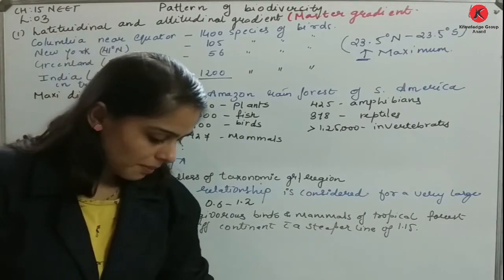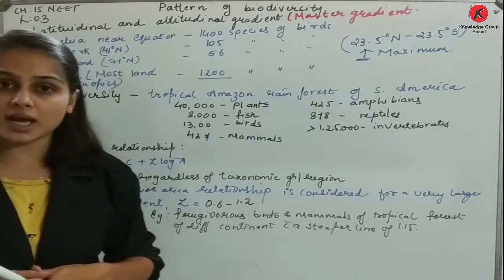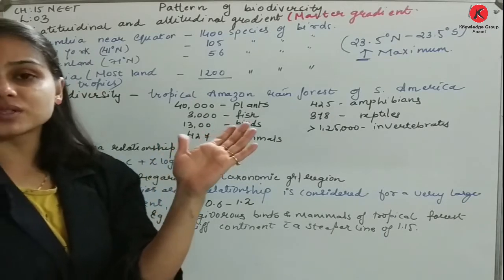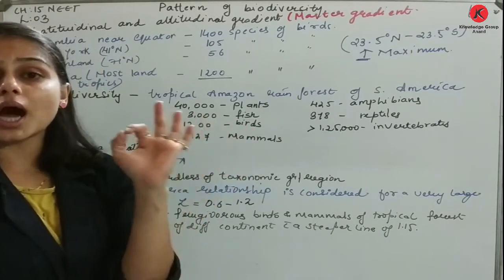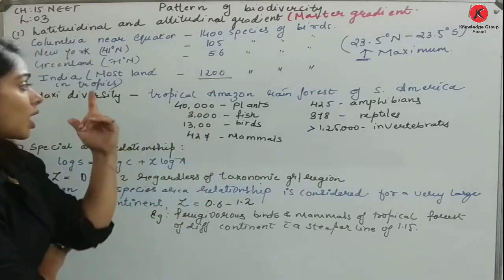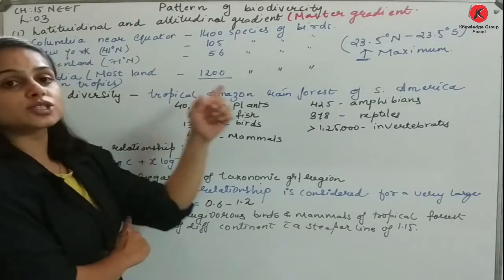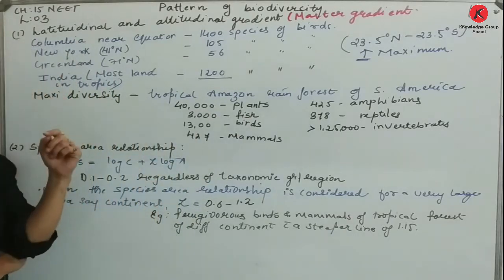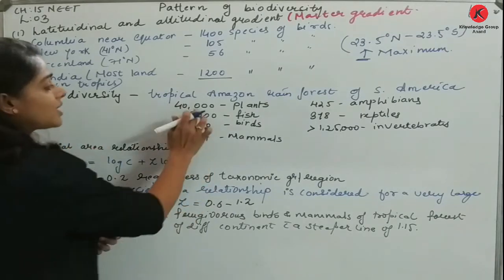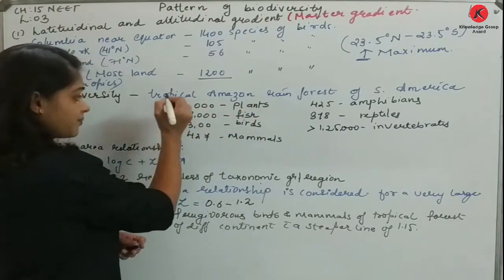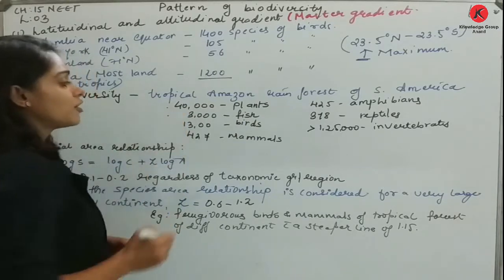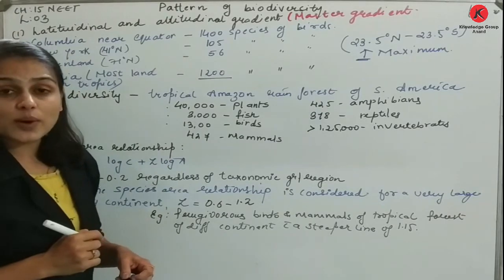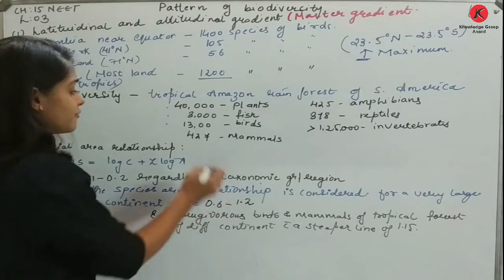Am I clear? My dear students, I hope you understood this well. Again, this point is very important. Maximum diversity is found in our Amazon rainforest. You must have heard the name, right? It is found in the tropical Amazon rainforest of South America. Maximum biodiversity, which has 40,000 species of plants, 3,000 species of fish, 1,300 species of birds, 427 species of mammals, and amphibians.